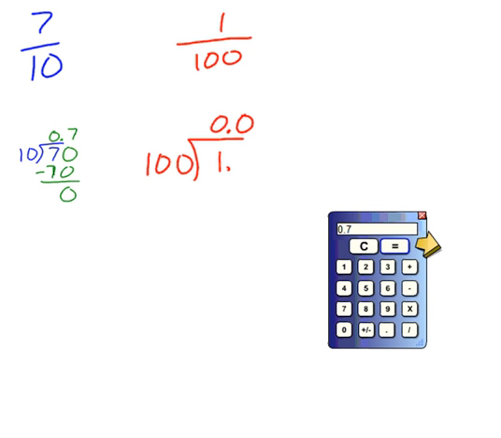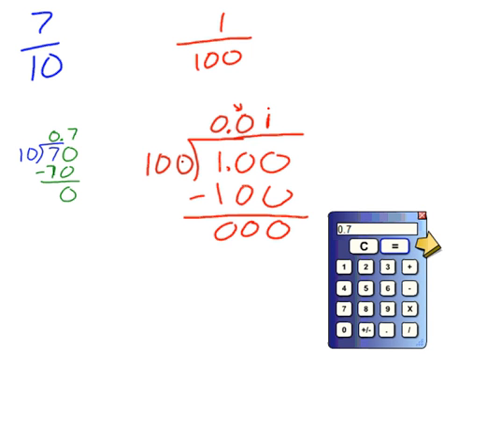How many times does 100 go into 10? Well, 0 times. We can't fit that. So there's our 0. Now, how many times does 100 go into 100? Once. 1 times 100 is 100. We can subtract that, and we're left with nothing. So what is 1 divided by 100? 0.01.